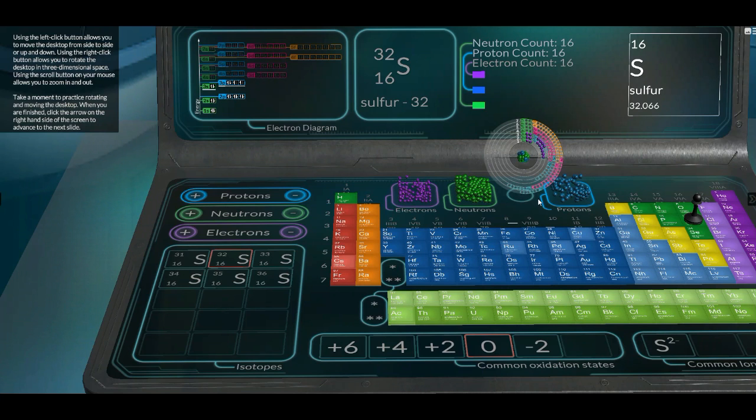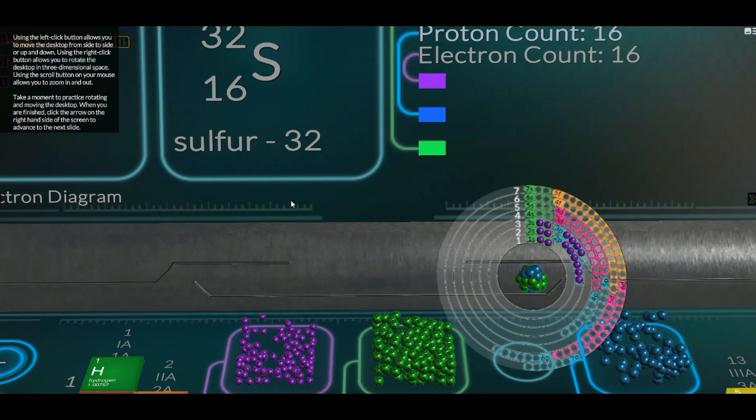So that's represented there. We also represent the electrons in an electron diagram, where the energy of the orbitals that the electrons fill increases, and it keeps filling those orbitals until 16 electrons total have been reached.